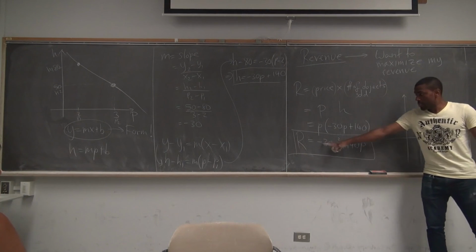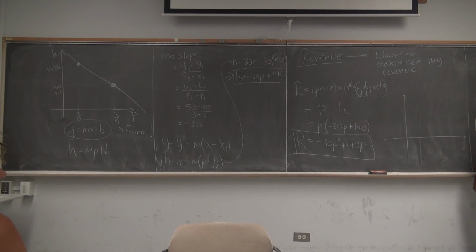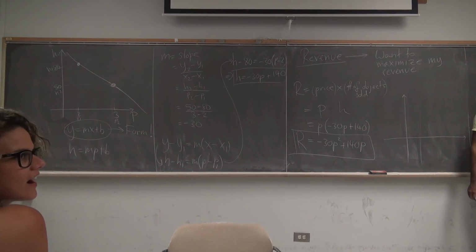Right, I have the negative in front of the square, so I know it's an upside down parabola. How do I know what points it passes through? Is the highest point 140? Why would you say that? We have to put in an input.